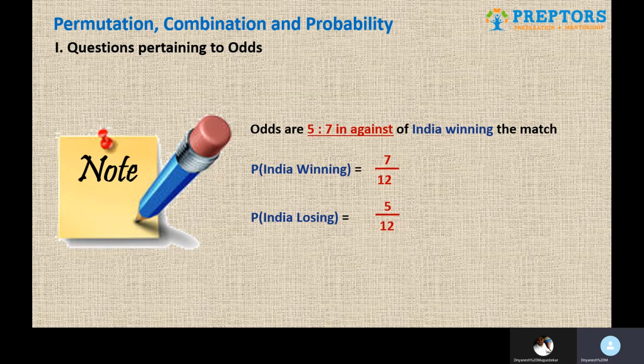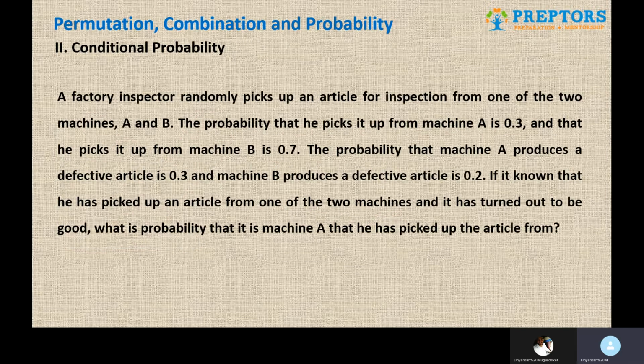The next thing is called conditional probability, or we also call it Bayes theorem. So huge piece of information. Let's read that out. A factory inspector randomly picks up an article for inspection from one of the two machines, A and B. The probability that he picks it up from machine A is 0.3, and that he picks it up from machine B is 0.7.